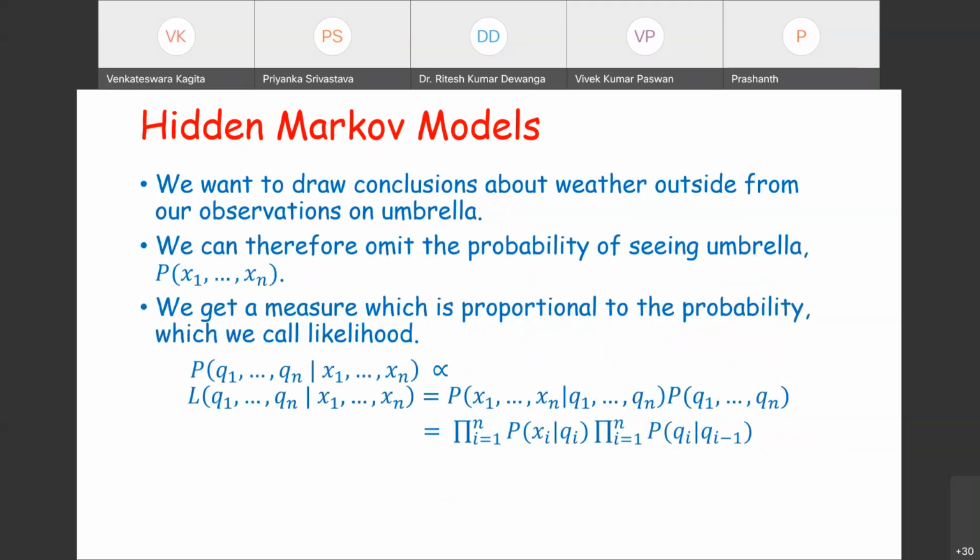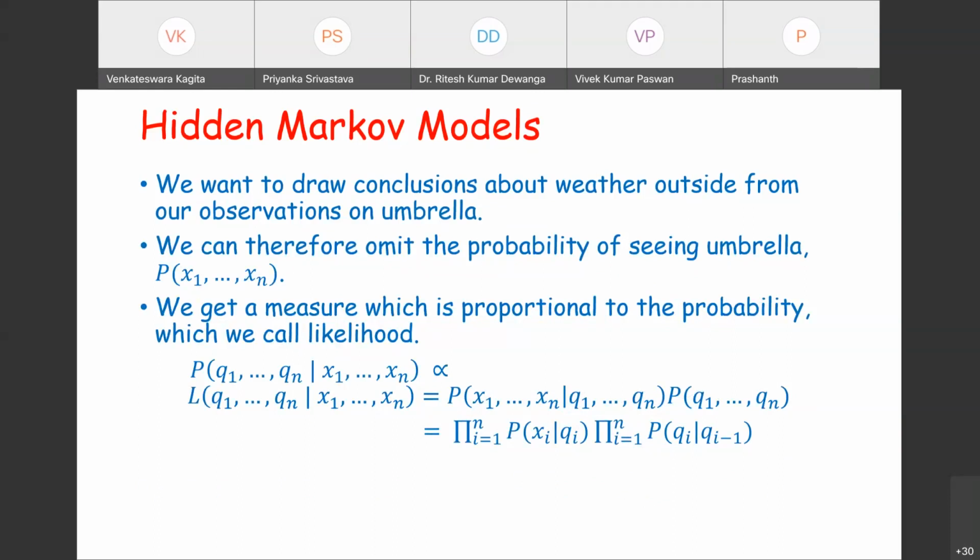So we want to draw conclusions about the weather outside from our observations of the umbrella. Therefore, you can omit the probability of seeing the umbrella, because you are observing it now, isn't it? So the probability of seeing that is 1. So we get a measure which is proportional to the probability, which is the likelihood.